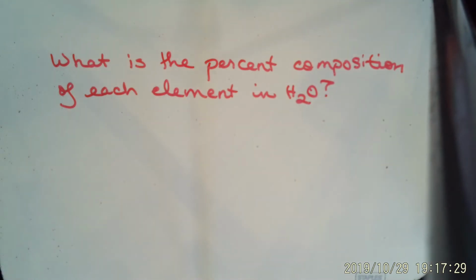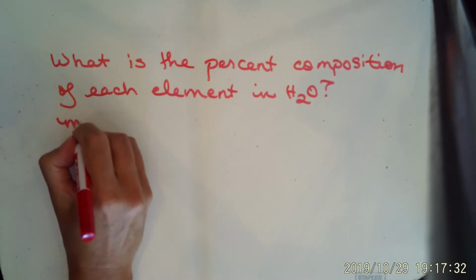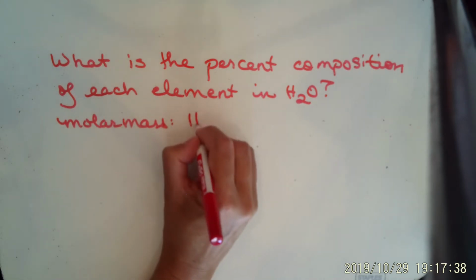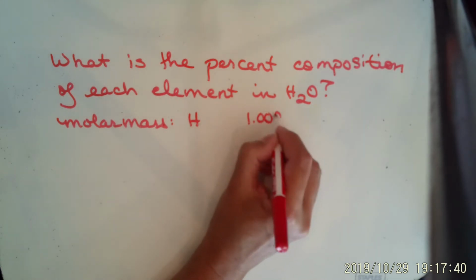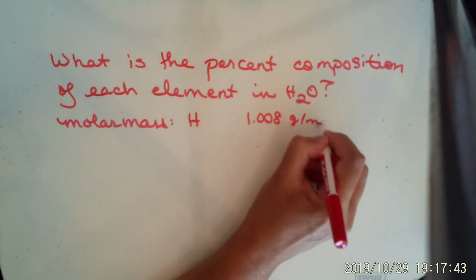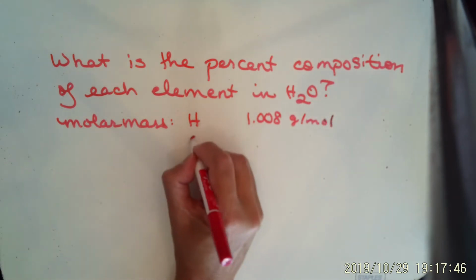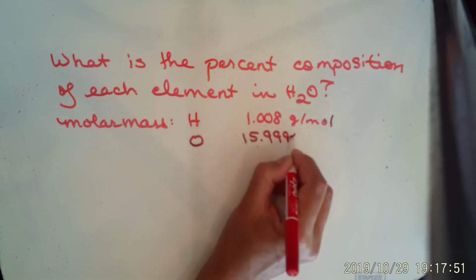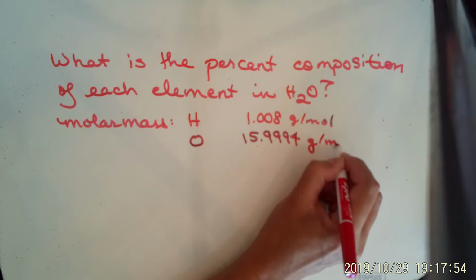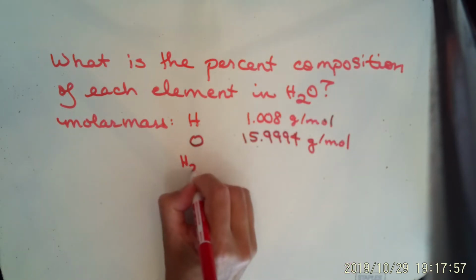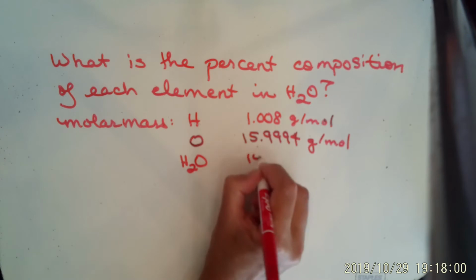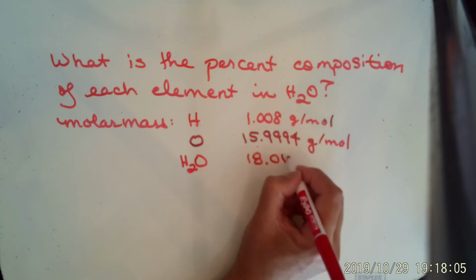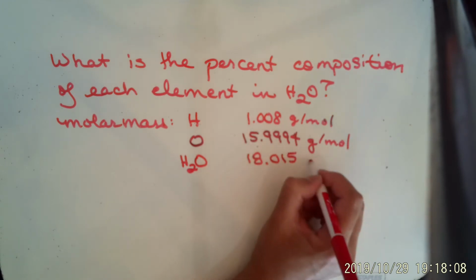So to do this, we're going to need the molar masses of hydrogen, which is 1.008 grams per mole, of oxygen, which is 15.9994 grams per mole, and then of water, which should be 18.015 grams per mole.